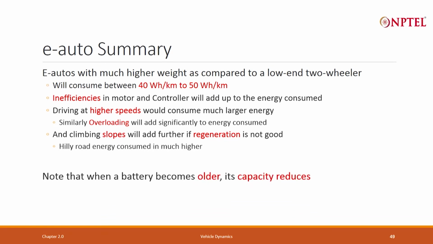The other thing that is very important, which we will go through as we look at the batteries in more detail: the battery starts with a certain capacity, and as you start using it, its capacity keeps coming down, coming down, coming down. Finally, it reaches a certain level where the energy in a battery becomes too small, even when it is fully charged. That time you replace the battery. So, you must remember that the range that you calculate using this will come down as the battery becomes older. All this has to be taken into account in a vehicle design.